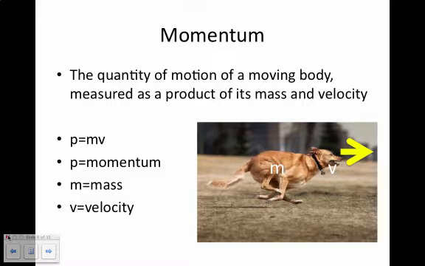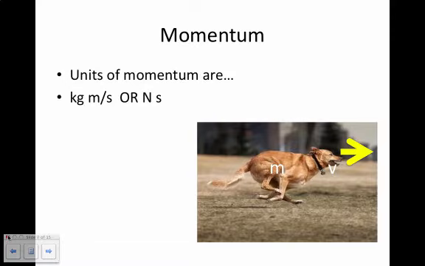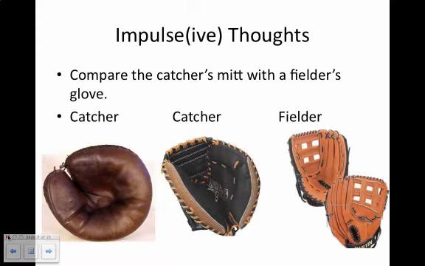The variable for momentum is the letter P. Of course, it can't be M because M was already taken for mass. The units of momentum are kilograms times meters per second or Newton second. You'll see both be used interchangeably.